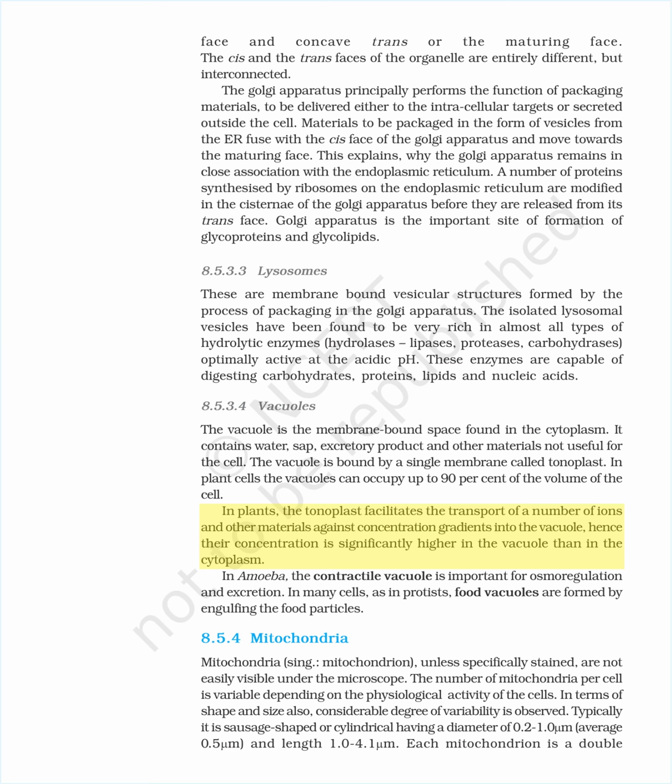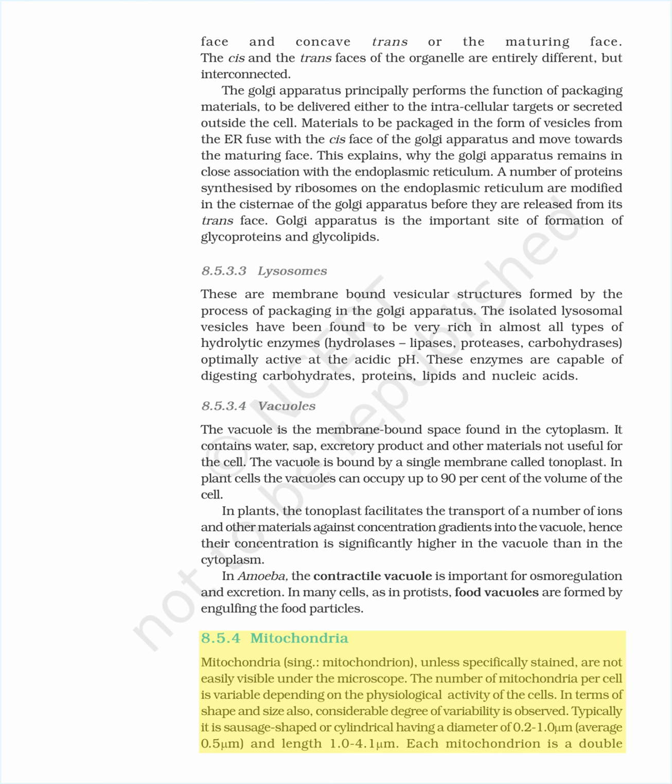In plants, the tonoplast facilitates the transport of a number of ions and other materials against concentration gradients into the vacuole, hence their concentration is significantly higher in the vacuole than in the cytoplasm. In amoeba, the contractile vacuole is important for osmoregulation and excretion. In many cells, as in protists, food vacuoles are formed by engulfing the food particles.